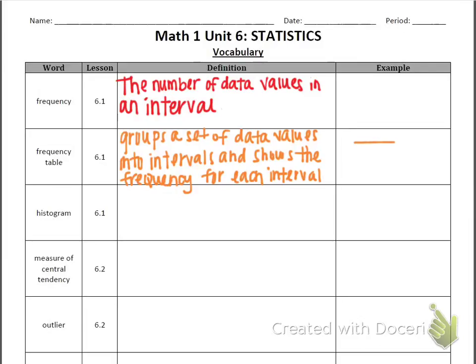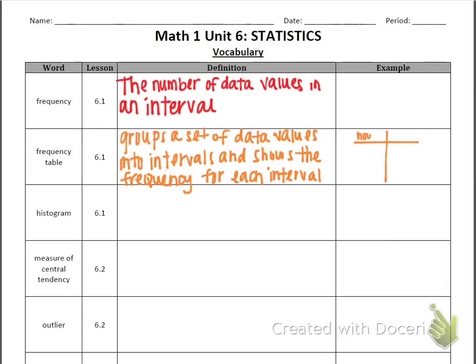A frequency table just looks like a T-chart. And on the left, we're going to put our intervals. So interval meaning that it's not always going to be just one set value. So let's say, for example, I want to make a frequency table of how many hours students study at nighttime or in a week.